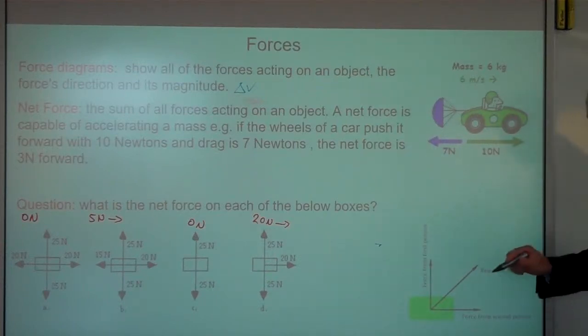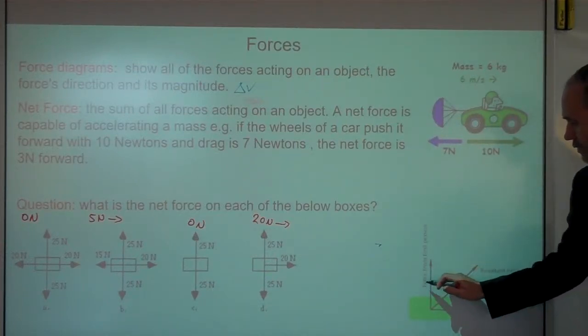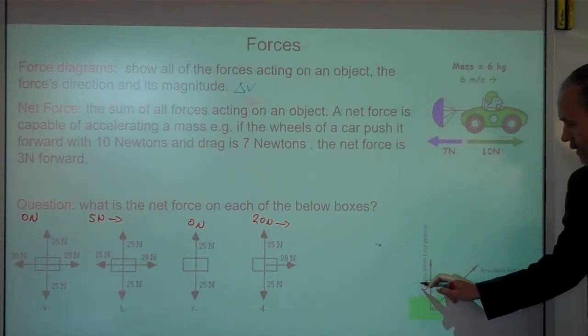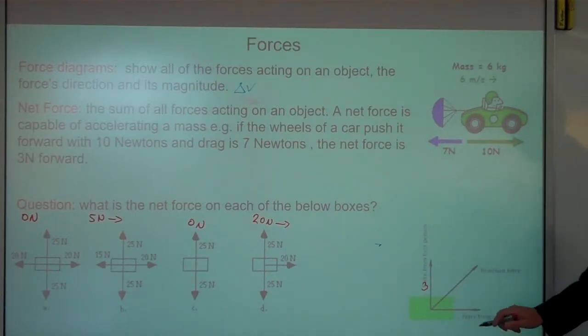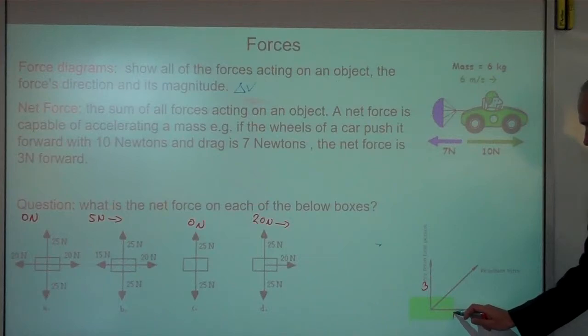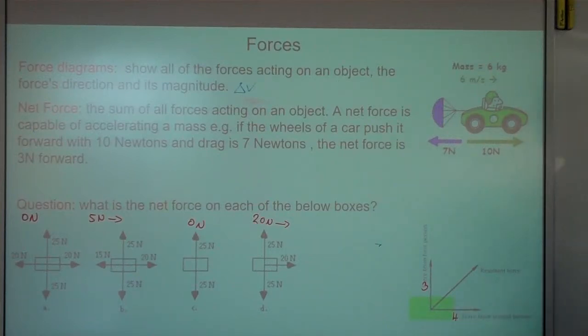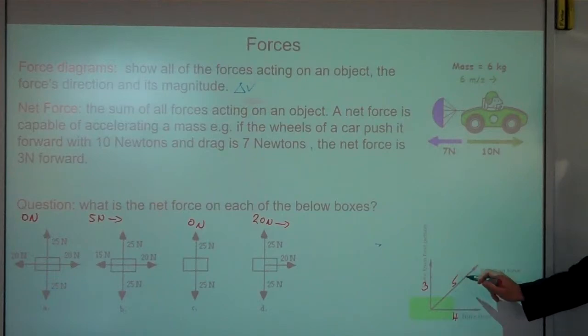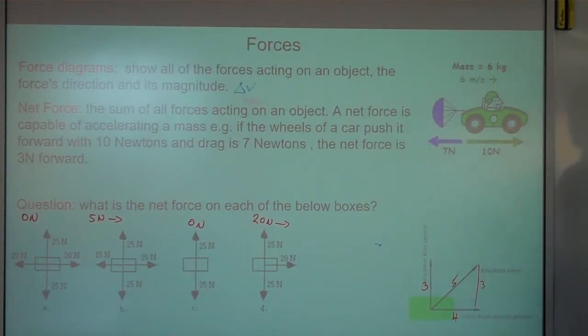Now, if we say the lift force is 3 newtons and the force to the right is 4 newtons, what would be the resultant force on that object? 5. And does everyone see how Harry got there? That's actually just Pythagoras theorem. That's a 3, 4, 5 triangle.